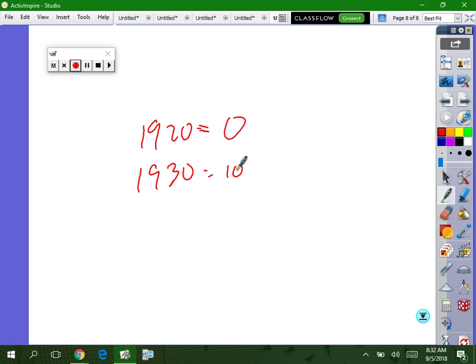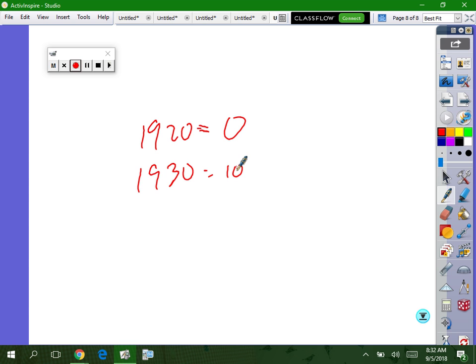Does everybody understand how I would want to dictate that so I actually have an accurate graph? Because if not, when you do your graph, technically you're supposed to have increments of something going all the way from 0 up to 1920, right? But if I indicate that that's going to represent 0, then we're good to go. Does that make sense to everyone?